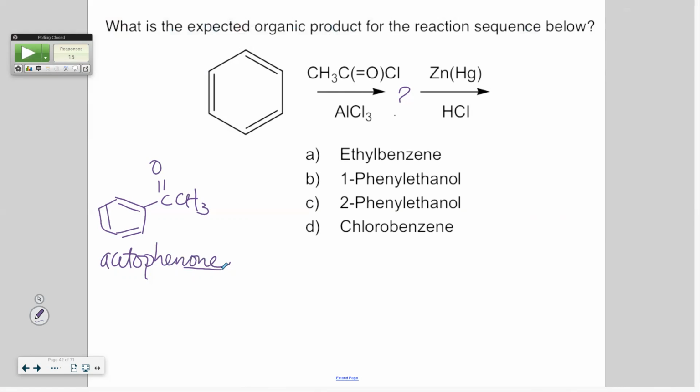All right, so what does zinc, mercury, and HCl do? Reduces the carbonyl to a... here's your clue. What's the name of that?